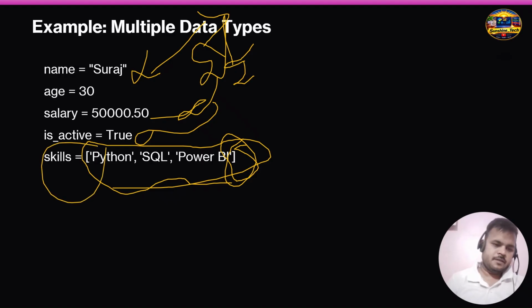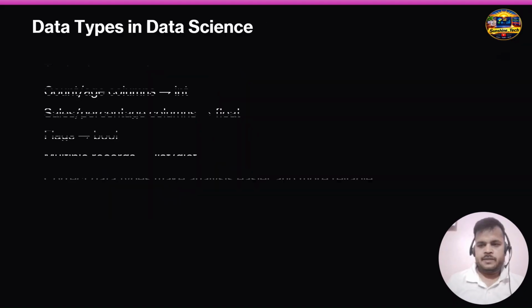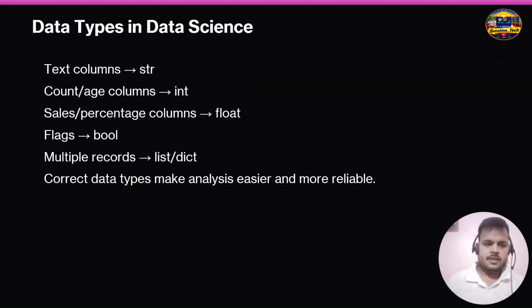Now we are moving to the next slide, data types in data science. A text type column is a string, like my name, college name, anything in text.